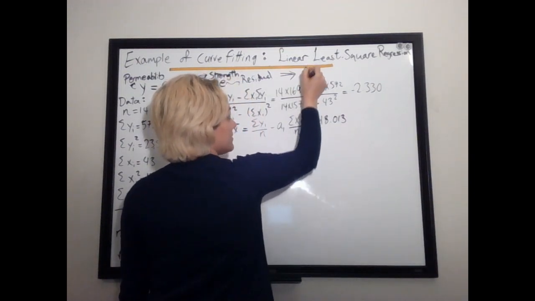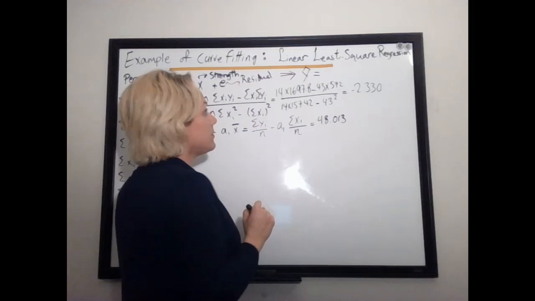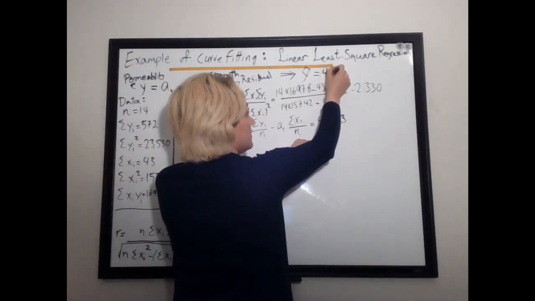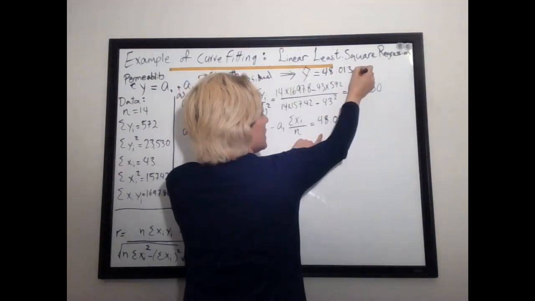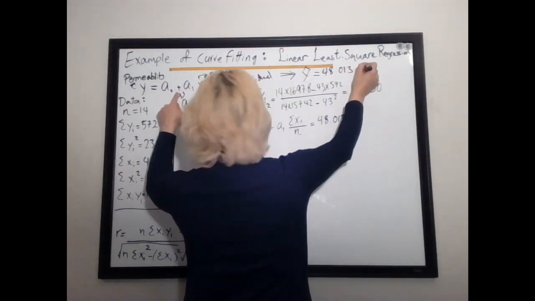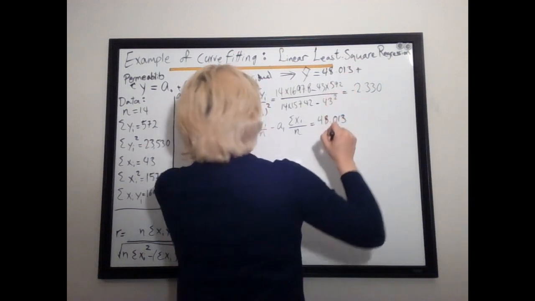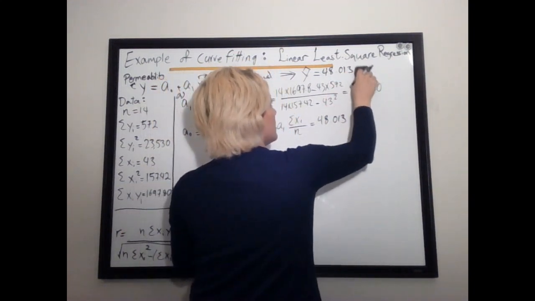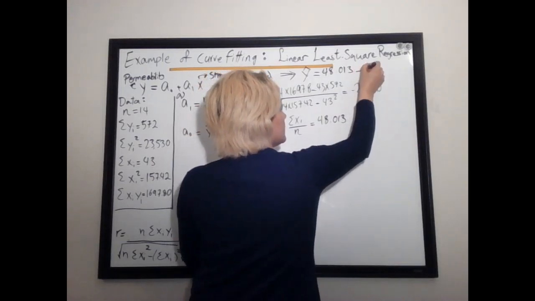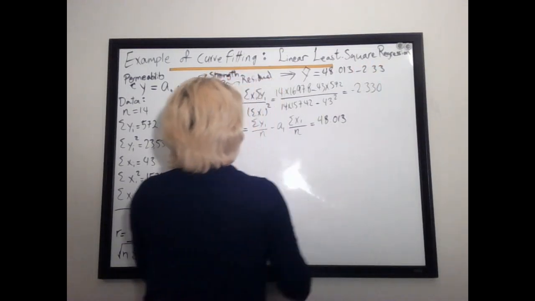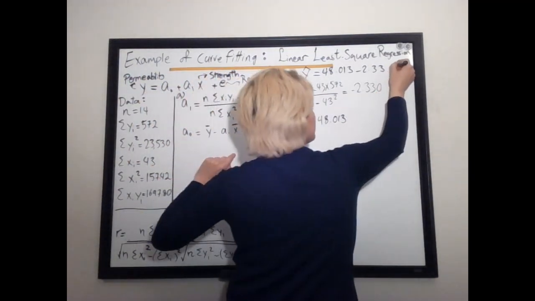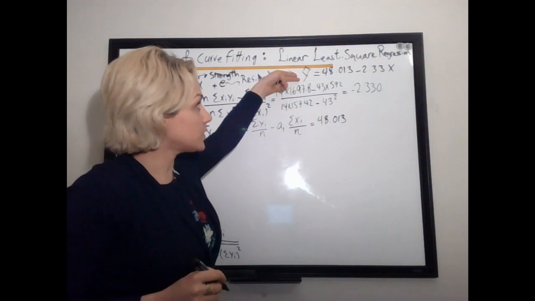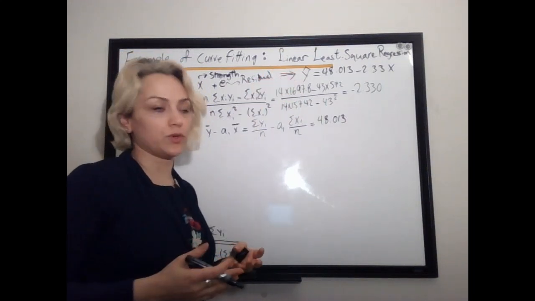So the estimate for our model is going to be equal to A0, which is 48.013, plus A1, which is negative 2.33, so I can write down negative 2.33, and then I have my x. So this one is my regression model. I call this model that you see here my regression model.